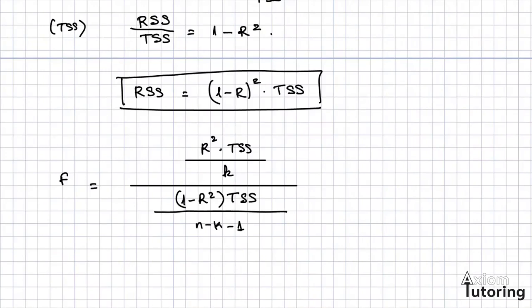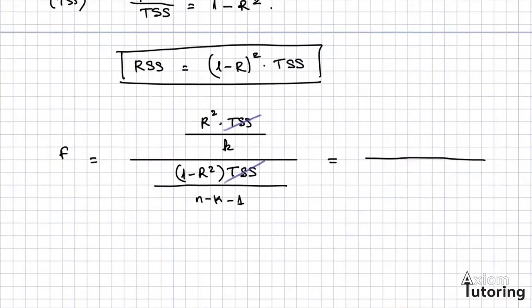It's very easy to see from here that we can cancel out the TSS from this ratio, and we're going to be left with what we had as the second formula: R squared divided by k, over 1 minus R squared divided by n minus k minus 1.